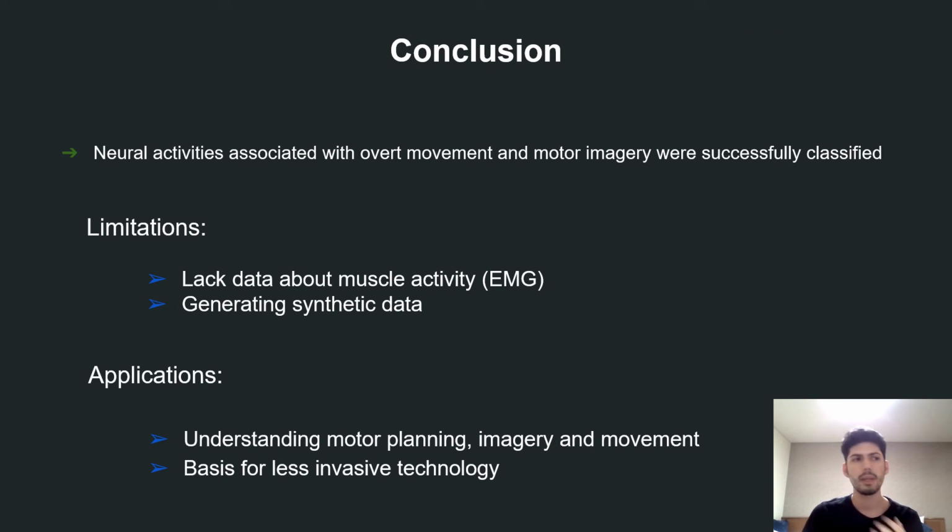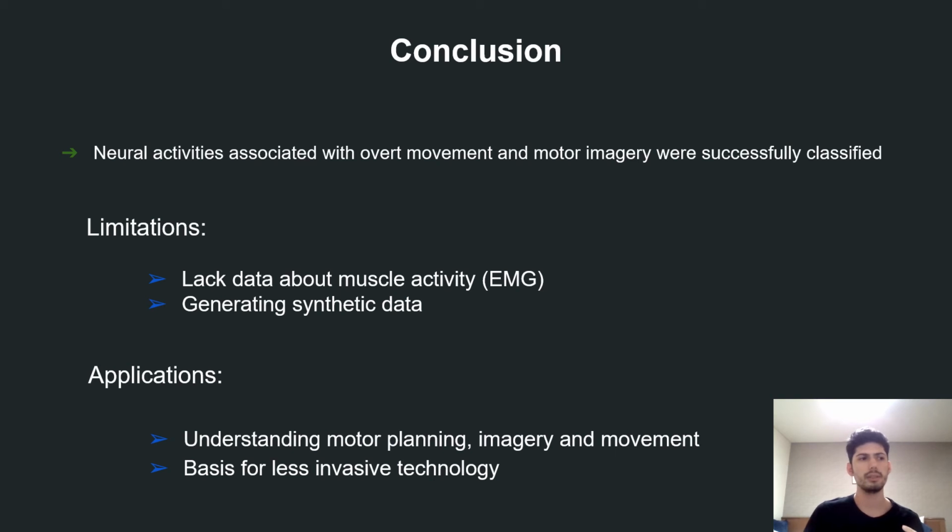In summary, to classify the ECoG signal as either overt or imagery movement, a support vector machine classifier was implemented and two feature sets were compared. The first feature set is the power spectral density of the ECoG signal during movement planning, following the cue.